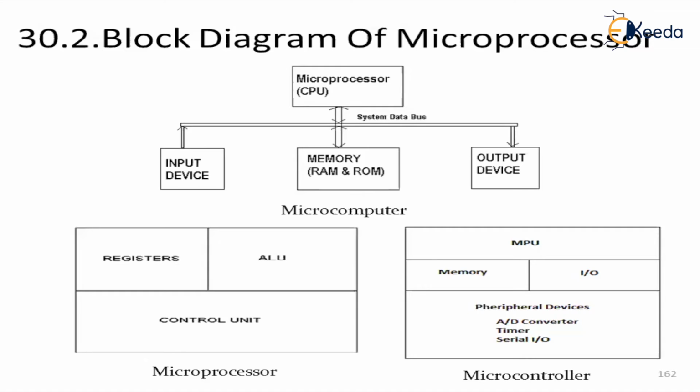Then you have a timer, which is used for controlling the A to D converter, and then you have a serial I/O. Now, the full form of MPU is microprocessing unit, which becomes a part of your microcontroller.